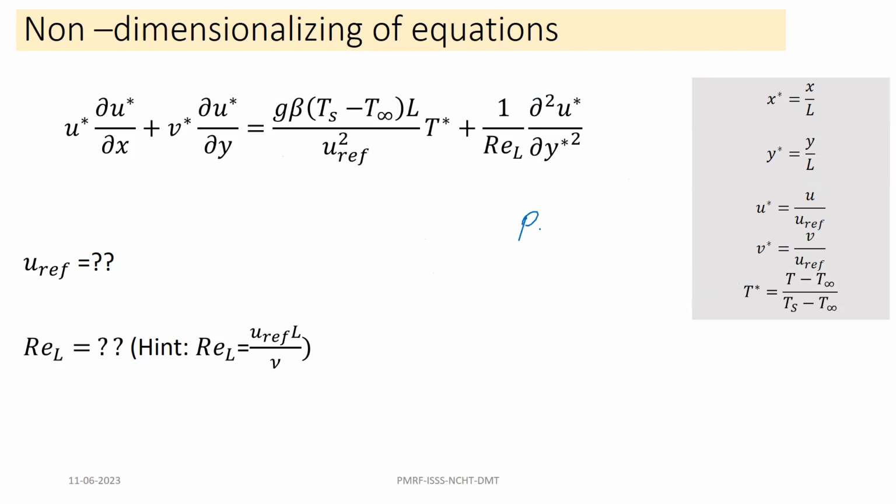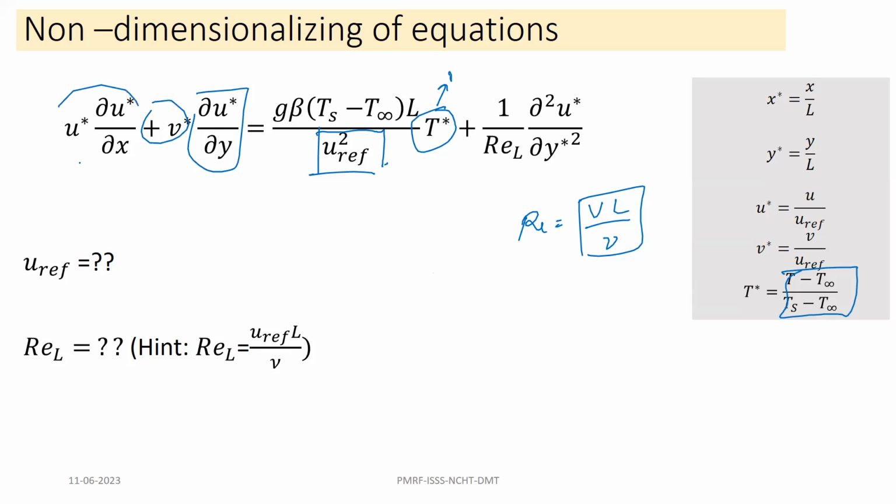Suppose we know the Reynolds number, we keep it as V L by nu, which has no dimension. So we are keeping a reference velocity like this. T star is anyway non-dimensional because it has no unit. This is also having no unit, no unit, no unit. So just we can see that if this term has to be non-dimensionalized, then the denominator must have the same dimension as the numerator.